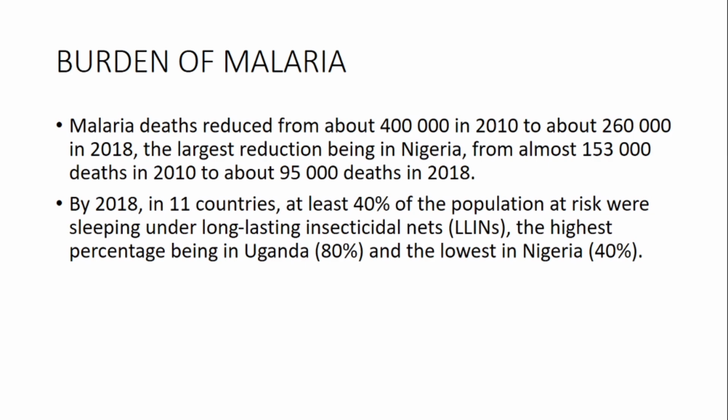However, malaria deaths reduced from 400,000 in 2010 to about 260,000 in 2018, which means that even though the rate of malaria infestation is still increasing, there is a reduction in malaria deaths. And the largest reduction was seen in Nigeria, by almost 153,000 deaths in 2019 to 95,000 deaths in 2018.